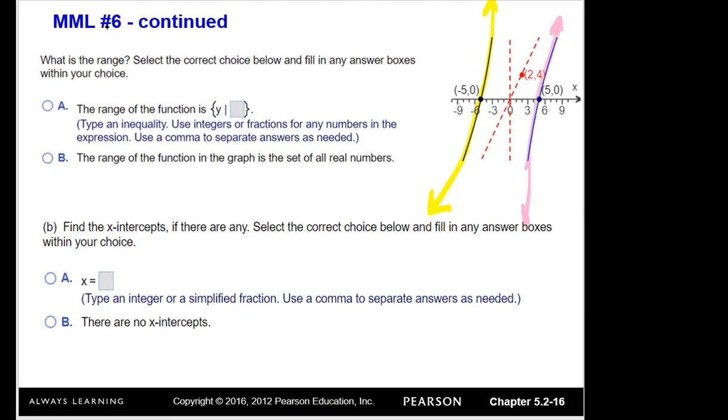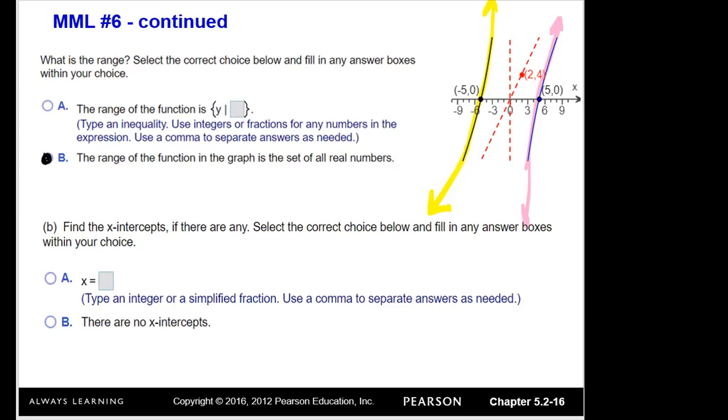So as far as the y-axis is concerned, every single point on that graph, whether it's on the yellow part or the pink part, it stretches vertically and down to the bottom. So every number is accounted for, every single number. So on this one, it's the set of all real numbers.